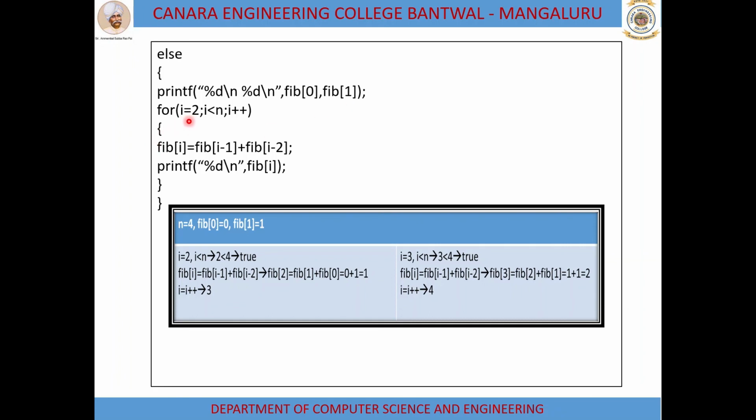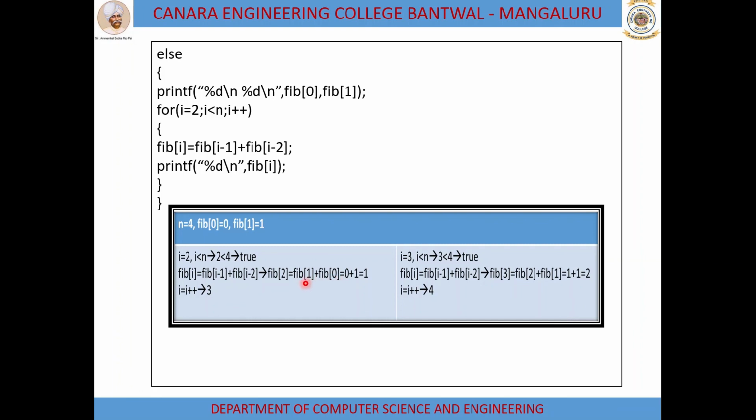Now i equal to 2, n I have given as 4, so 2 is less than 4, the condition is true, so control will come inside the for loop. Now I have to compute fib[2], that is the third number in the Fibonacci series. So fib[2] will be equal to fib[i-1] plus fib[i-2], that is, the previous two numbers I'll have to add. So fib[i-1], that is 2 minus 1, will be 1, plus fib[2-2], that is 0.